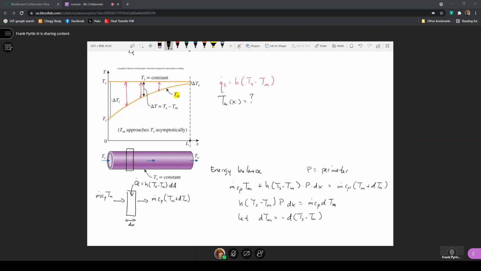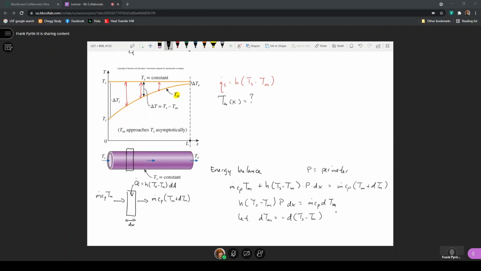Now here, this is okay because Ts is a constant. So if dTm is a temperature differential for the fluid, I'm just going to define it as minus d of Ts minus Tm, because if I take the derivative of this expression, the change in the surface temperature with respect to position, since it's flat, is 0.